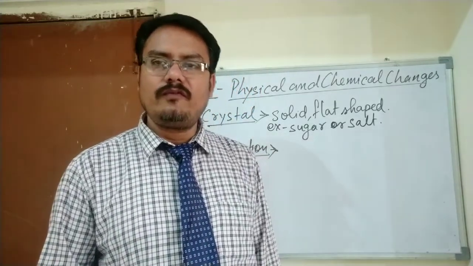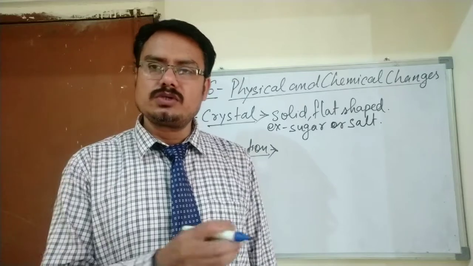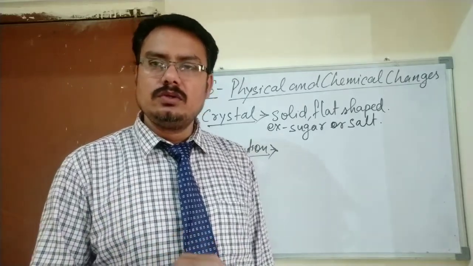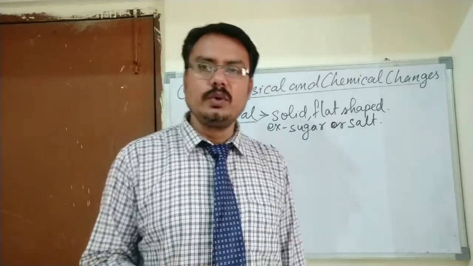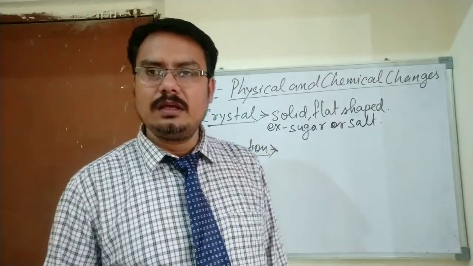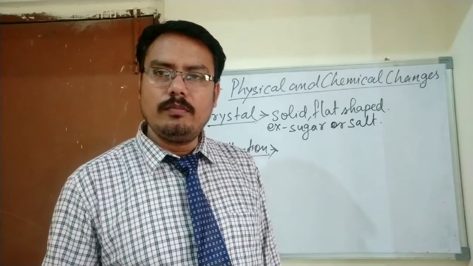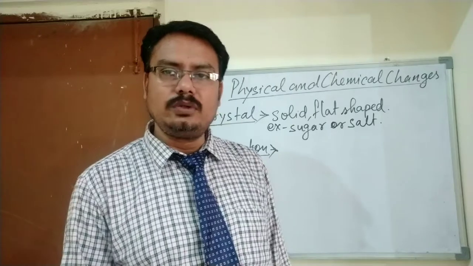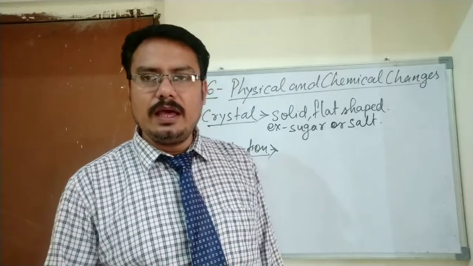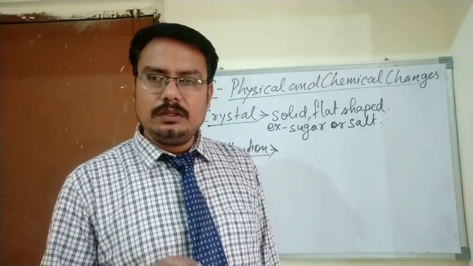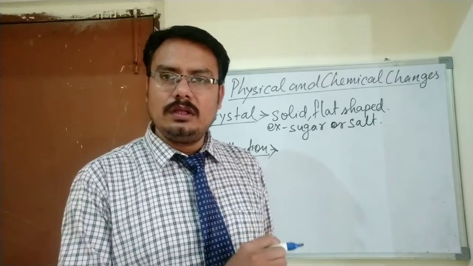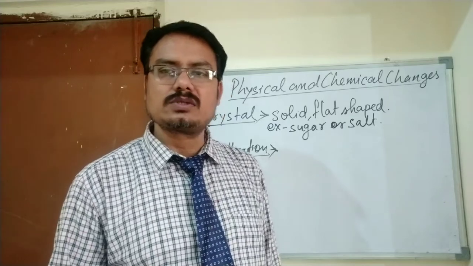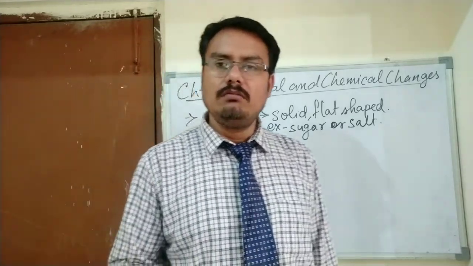This method of taking out a solid, flat-shaped object from the solution, by first evaporating the concentrated solution up to the saturated solution and then cooling it to get the crystals of the solute, is called the crystallization method.